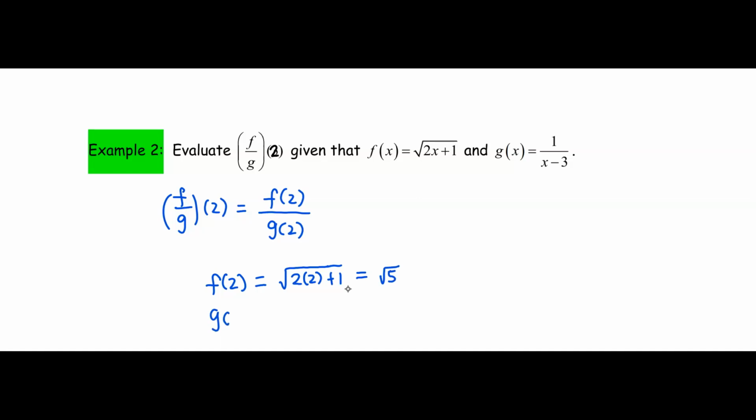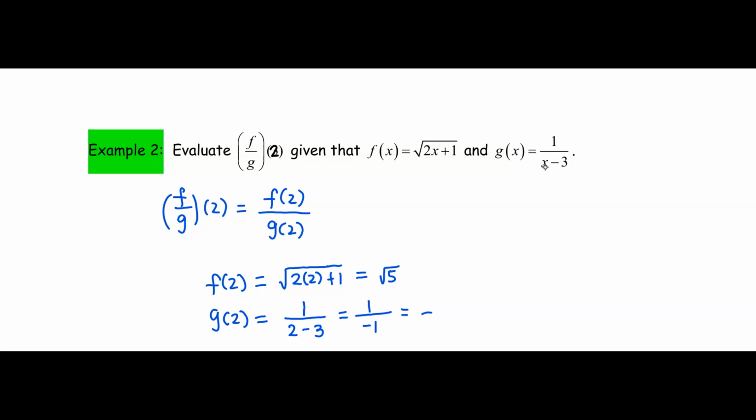Then also evaluate g of 2. G of 2 here is equal to 1 over, then you replace x here by 2. 2 minus 3, which is equal to 1 over 2 minus 3, which is -1.